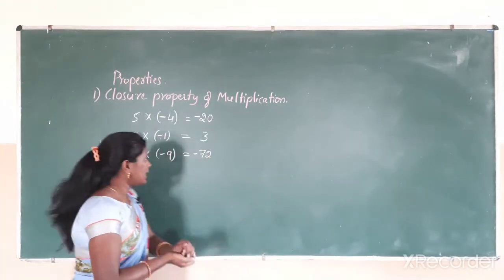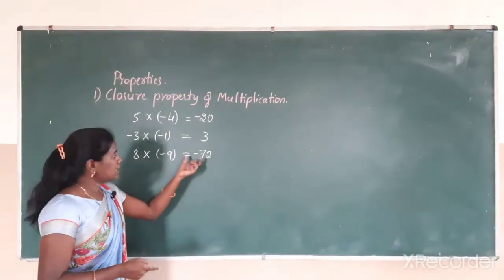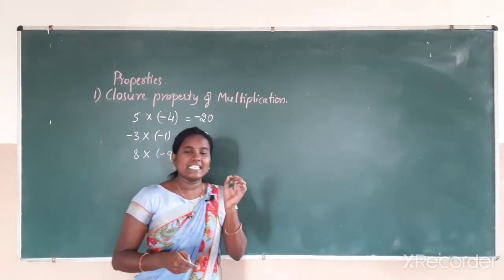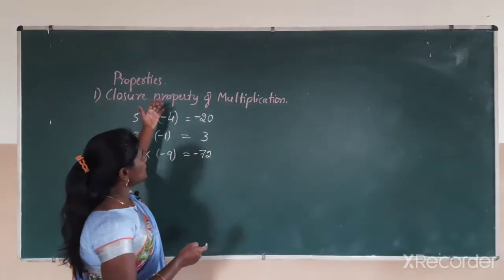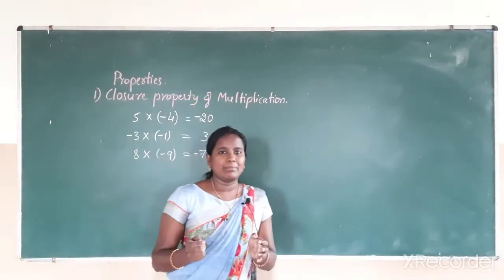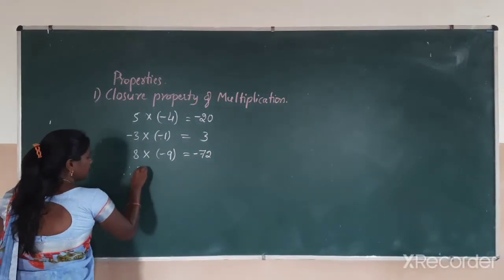So it is clear that when we multiply two or more integers, the product we get is again an integer. So we say that integers are closed under multiplication.